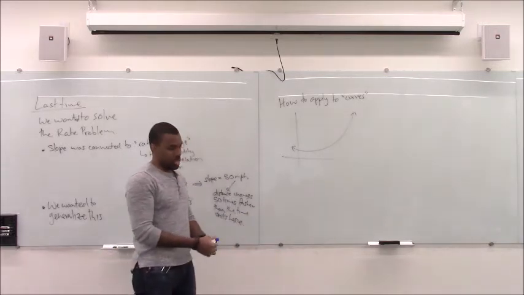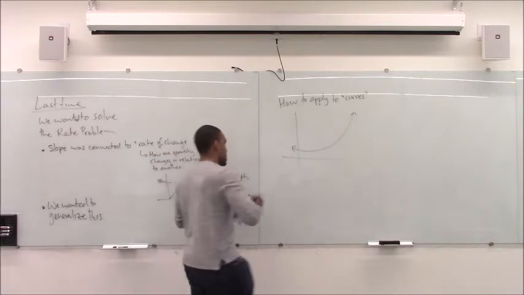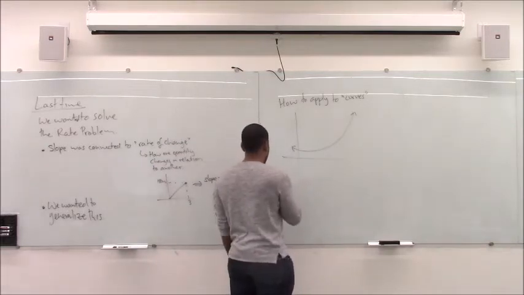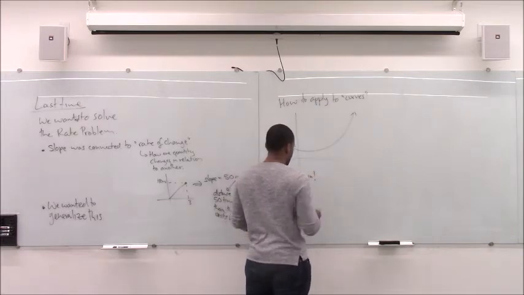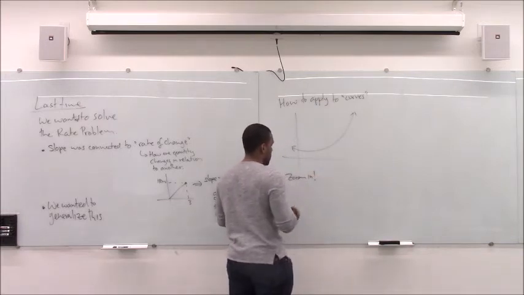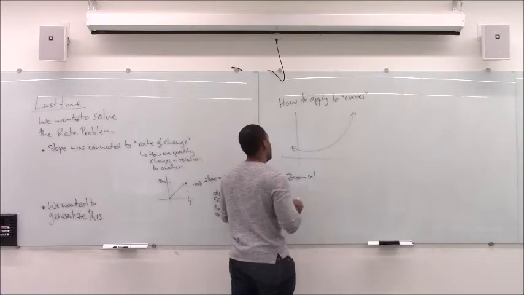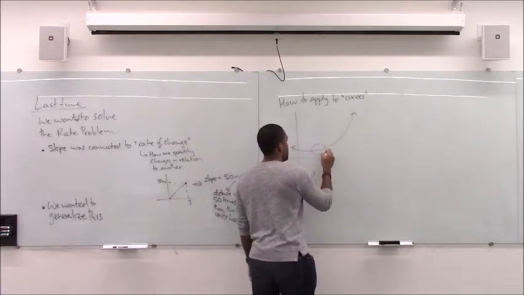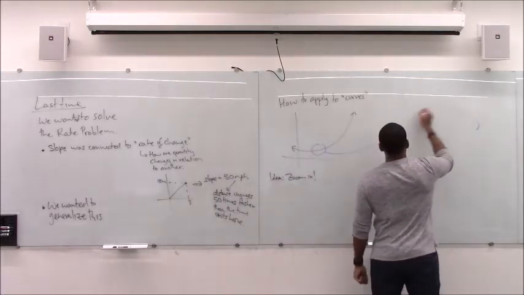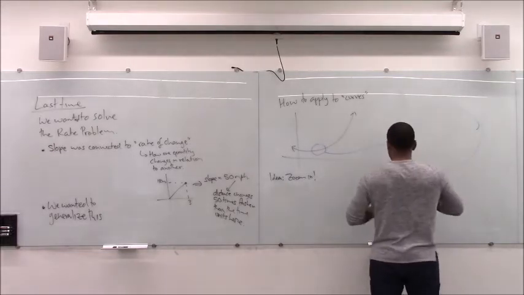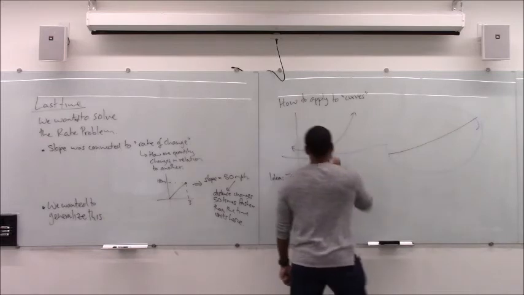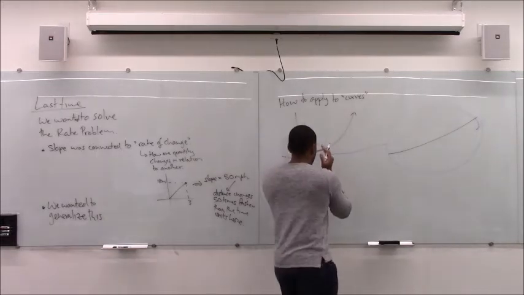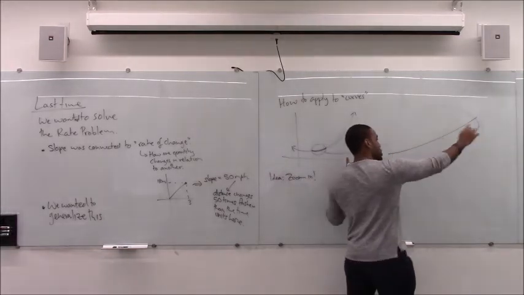So the idea was to zoom in. If I look at this curve, it looks like a curve now, but if I zoom in on this spot and blow it up, the curve starts to look straight if you zoom in far enough, right? While it's super curvy, if I zoom in, it'll start to straighten out.